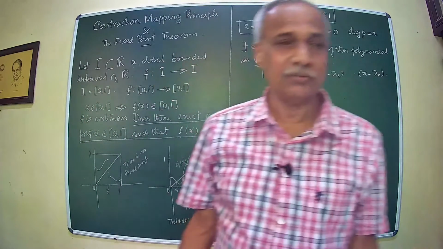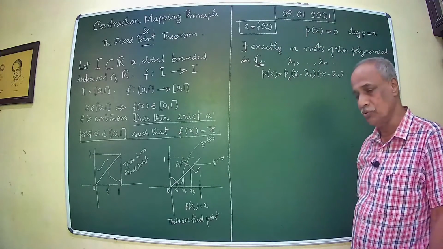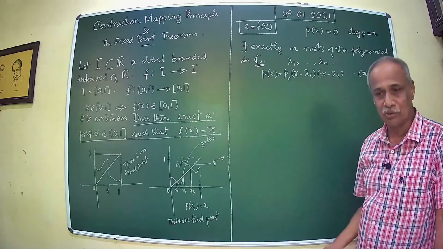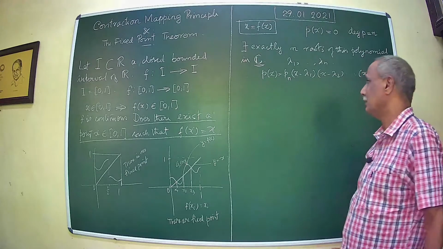For instance, if you take x squared plus 1 equal to 0 and search for the roots in R, then you see that there are no roots at all, because both the roots are i and minus i.